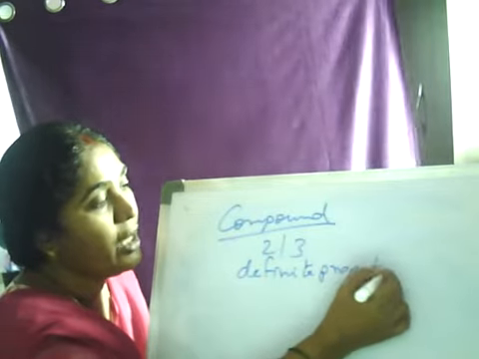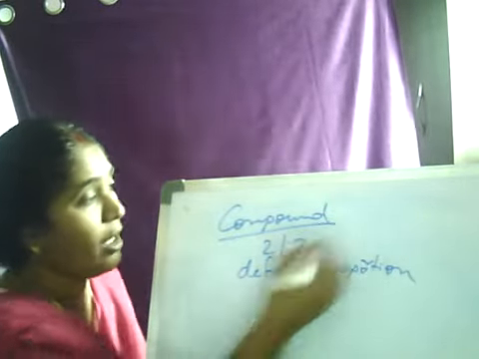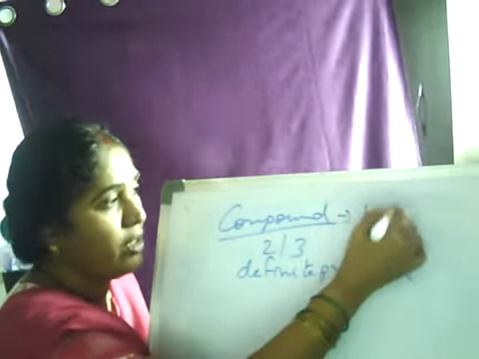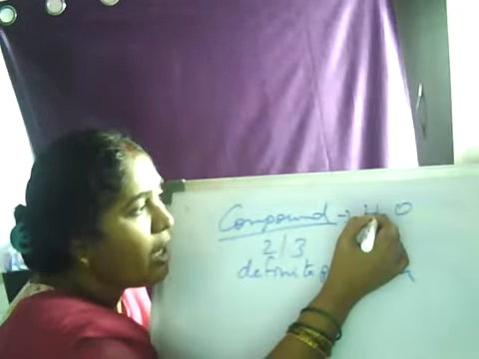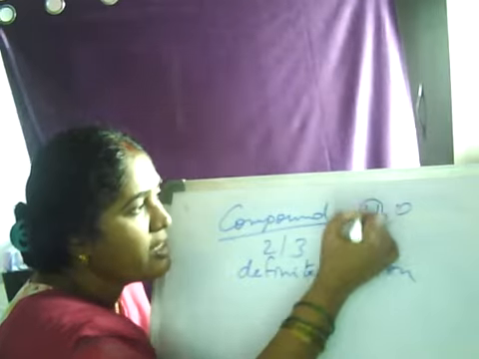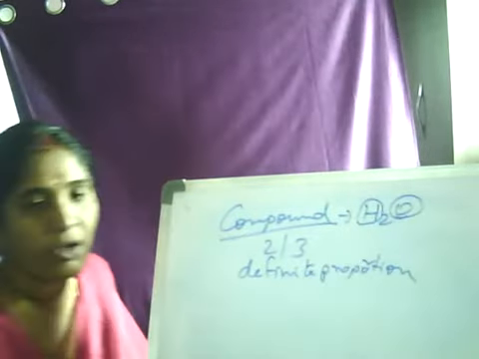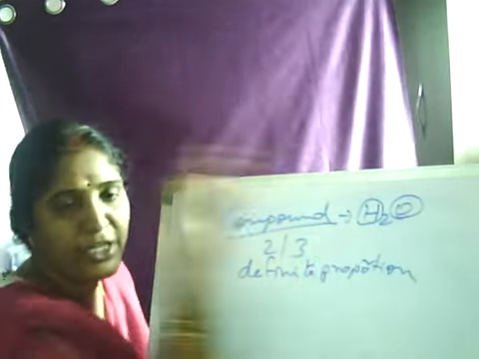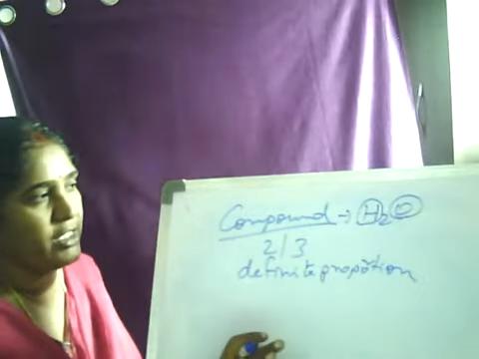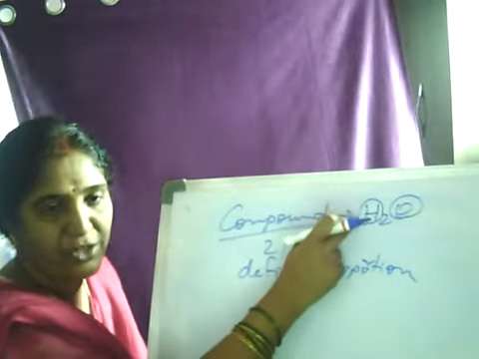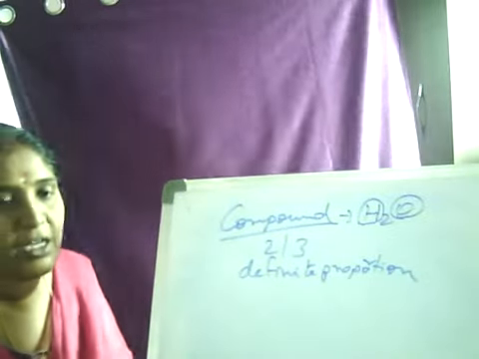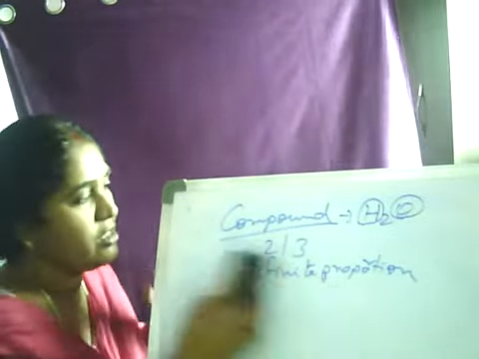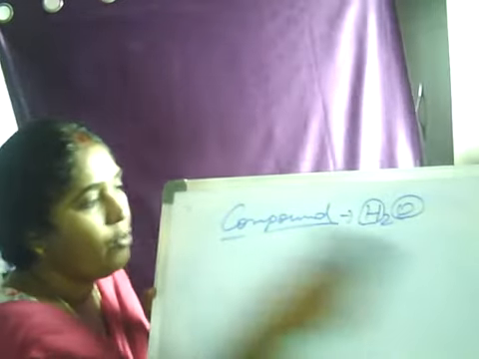Now I gave you an example for a compound as water. We take the same example. What are the two atoms present? That is hydrogen as well as oxygen. But they are present in definite proportions. That is two atoms of hydrogen and one atom of oxygen together give rise to this compound called water.